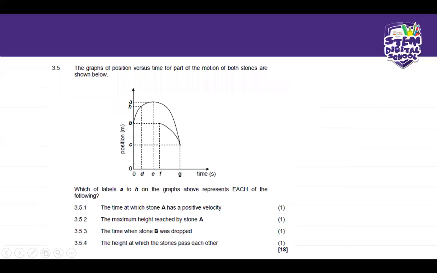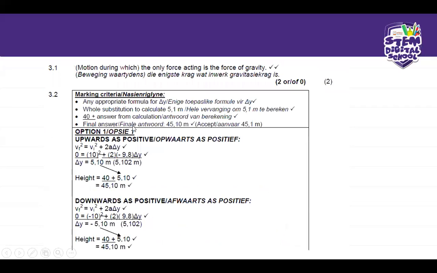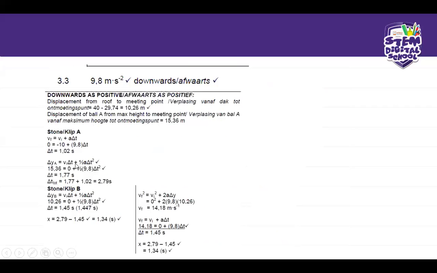So first we're going to calculate the time. Vf equals Vi plus a change in t. This is going to be 0 equals minus 10, as we already have the initial velocity, plus 9.8 times triangle t. And triangle t will give us 1.02 seconds.